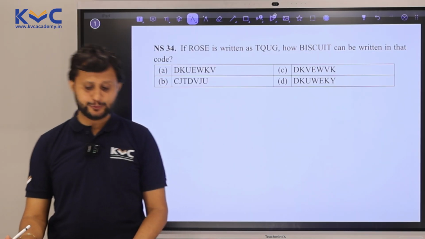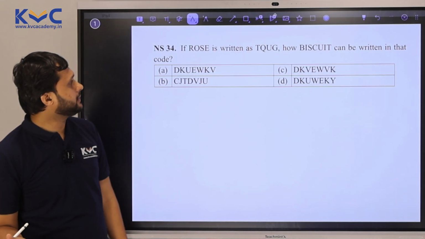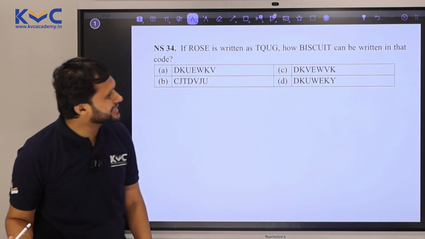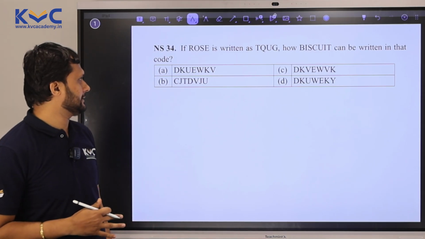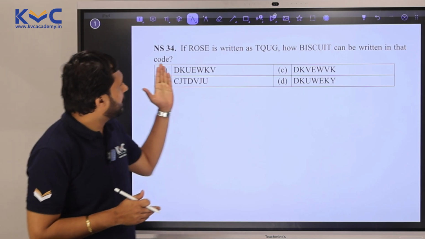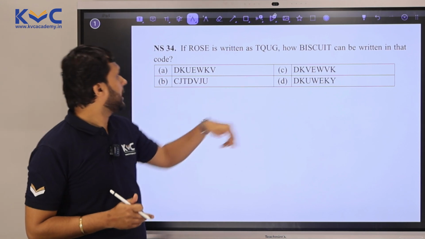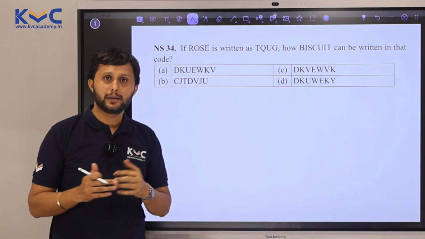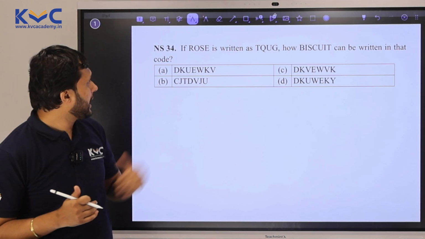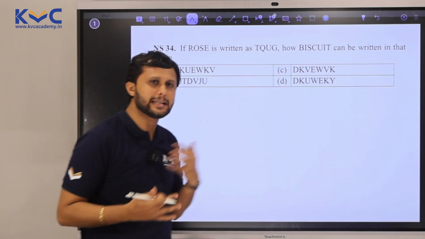Question number 34. If rose is written as TQUG, biscuit can be written as. So some connection we'll have to see over here also. R, S, T. O, P, Q. Then S, T, U. And for E we have F, G. So it's always the 2 letters after that.